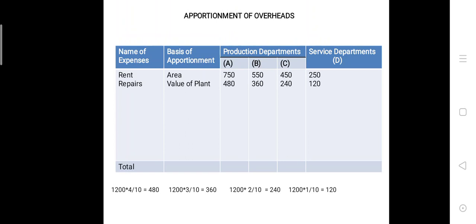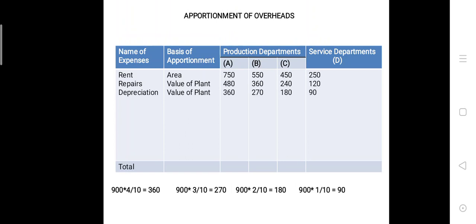The common factor is 2, therefore the ratio is 4 is to 3 is to 2 is to 1. You can find out the apportionment. 1,200 multiplied by 4 upon 10 comes to 480. Similar way, find the figures for the remaining departments. It will come to 360, 240, 120 respectively.